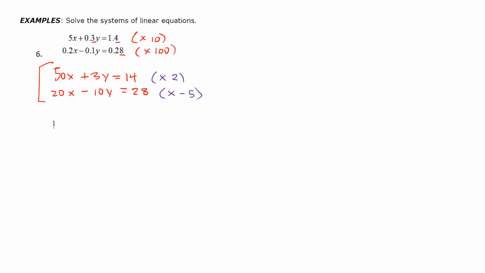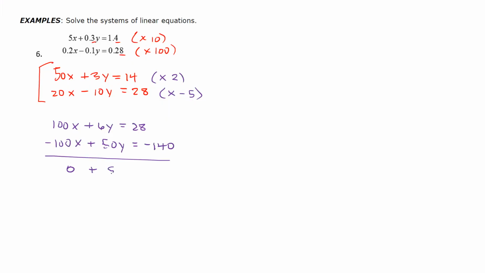So that would give me 100x plus 6y equals 28. Then I'll have negative 100x plus 50y equals negative 140. So now I can add both of these together. The x terms cancel out.